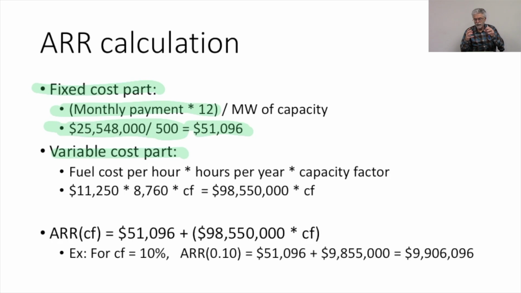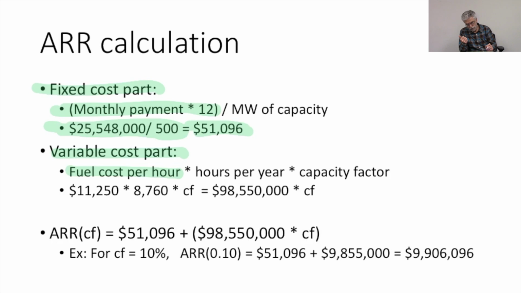The design capacity factor for this power plant is 80%, but whatever that capacity factor is, we're going to calculate the variable cost part by taking the fuel cost per hour. So how much can we generate per hour? Well, that's 500 megawatt hours in an hour because it's a 500 megawatt plant.